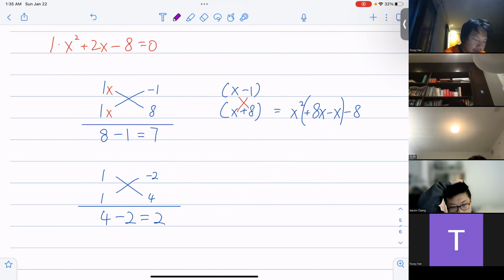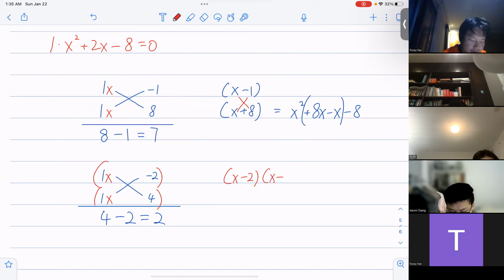To be specific, this is x, this is x. So this is the first factor, that's the second factor, remember? So that's x minus 2, x plus 4. And again, if you multiply it out, if you align them in this way, you will see it. It will be x squared, and in the end you have -8.